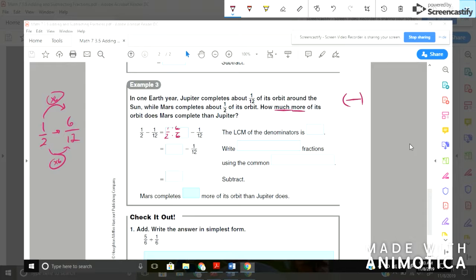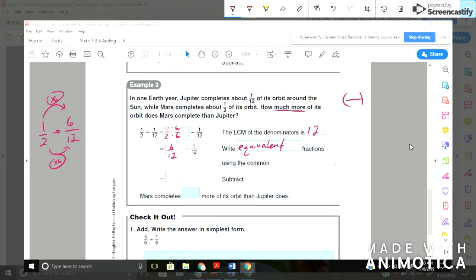All right, so my least common multiple of the denominators is 12, and I write equivalent fractions again. Okay, so again, I said 1/2 is the same as 6/12. And that makes sense because 6 is half of 12 and 1 is half of 2.